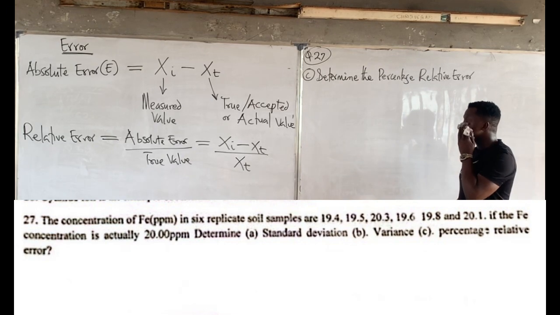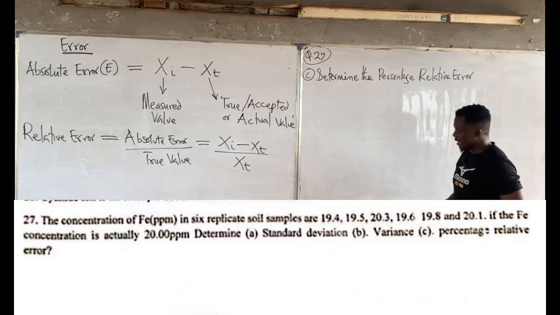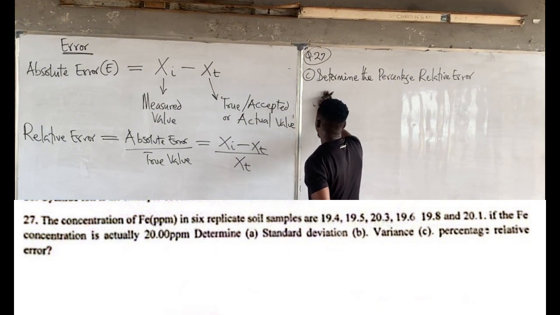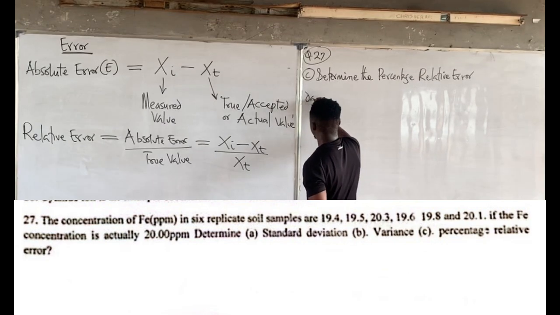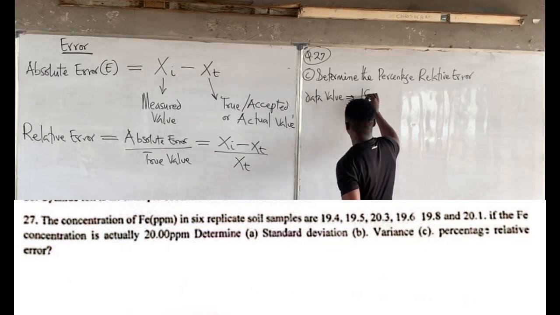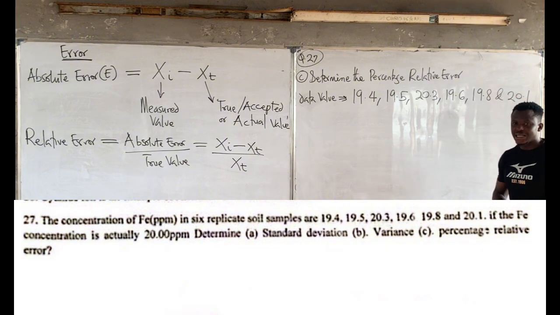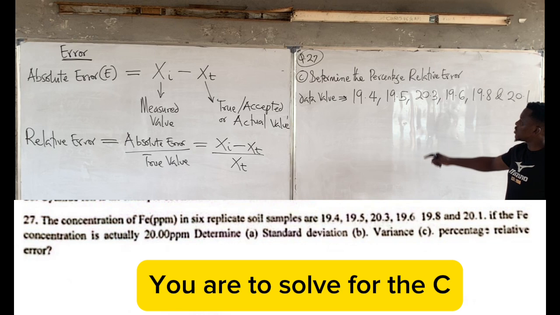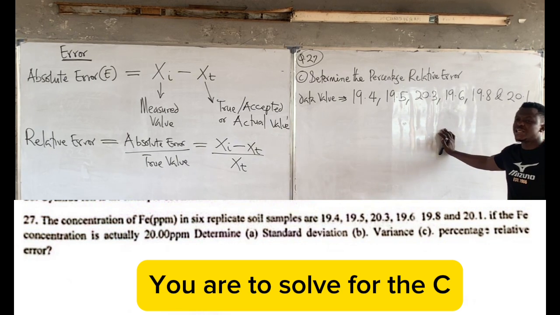Let me just remind us the values. Xi is the data values that were given to us in that question. Please read out 19.1. These are the six parameters given to us. If you are asked to solve for the percentage relative error, that is what you do.